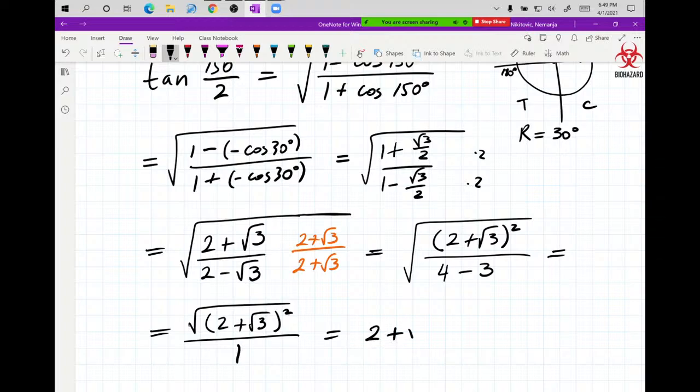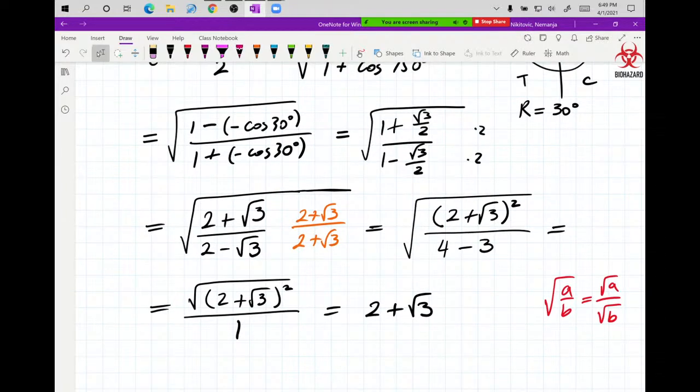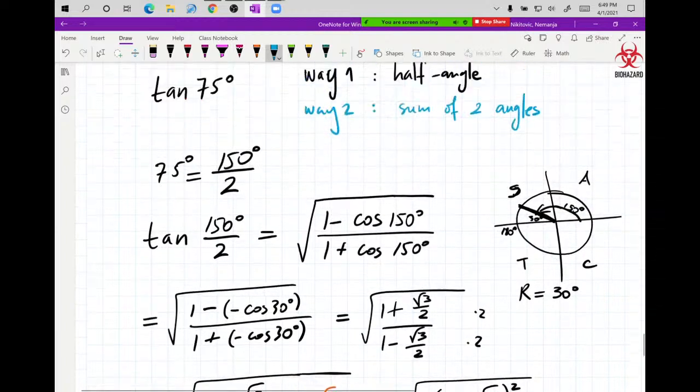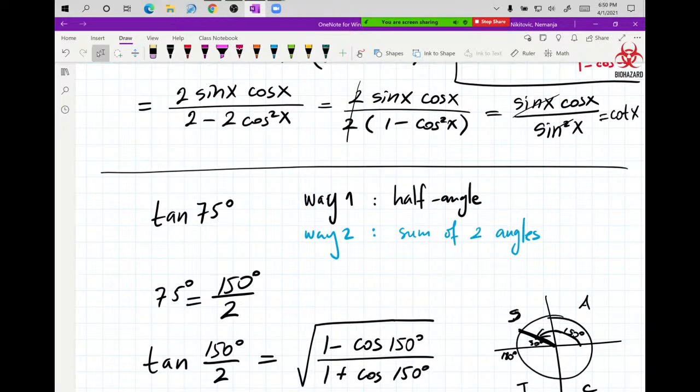And you just get 2 plus root 3. Algebra rule that separates roots, I hope you remember it and know it, right? That when you have square root of a fraction, each one gets its own. So that was way one to calculate tangent of 75 degrees using the half angle formula.